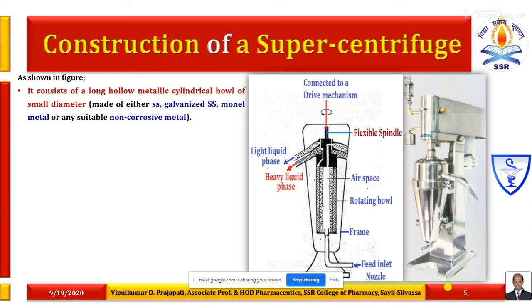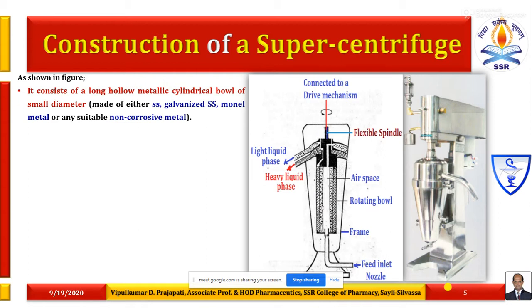So due to double the centrifugal force, its separation efficiency is increased. Hence, due to the long hollow metallic cylindrical structure having small diameter, the centrifugal force effect is doubled, so separation efficiency is increased. So within a short period of time, we can get the separation of heavy liquids and lighter liquids from the mixture of two immiscible liquids.